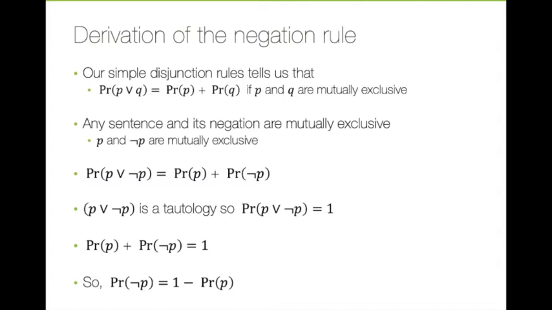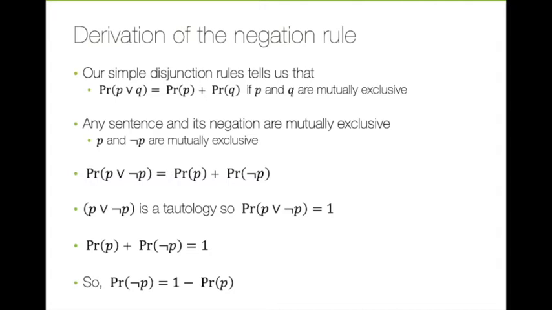So we know that the probability of P or Q is the probability of P plus the probability of Q, as long as P and Q are mutually exclusive. We also know that any sentence and its negation are mutually exclusive.